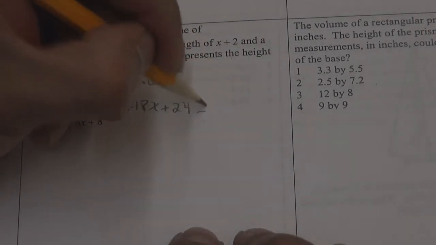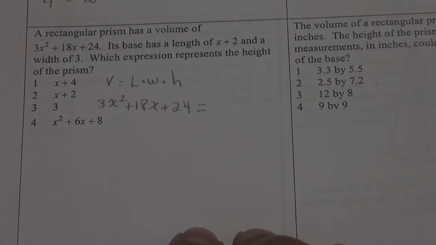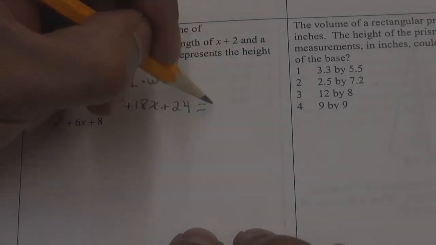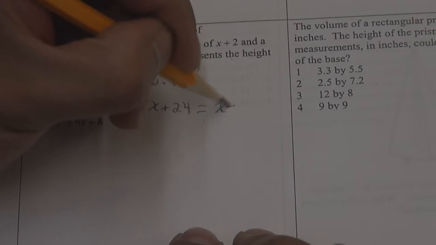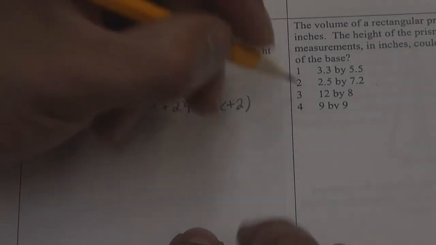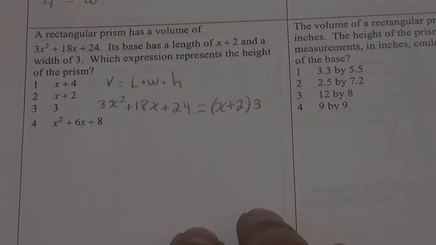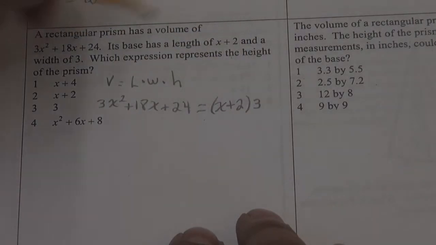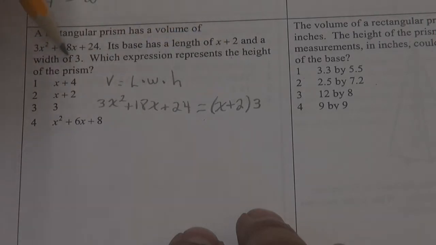This is the volume, and that equals length times width times height. So the length is x plus 2. Make sure you put it in parentheses, okay? And a width of 3. But then they're not giving me the height. They actually ask me what expression represents the height.